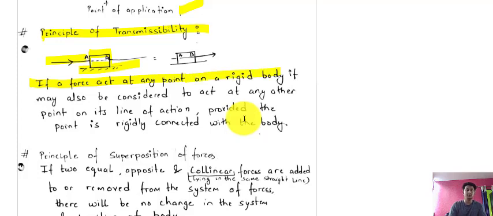Now what is a rigid body? I have already told you, it is a body in which the distance between the particles does not change before and after applying the load. So if a force acts at any point on a rigid body, it may also be considered to act at any other point on its line of action, provided the point is rigidly connected with the body.